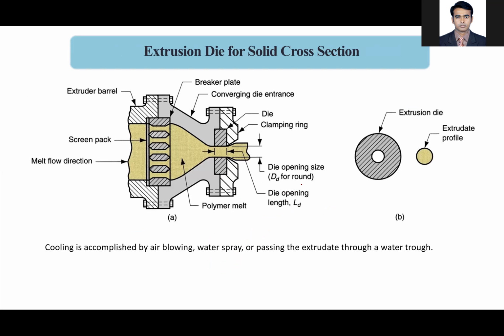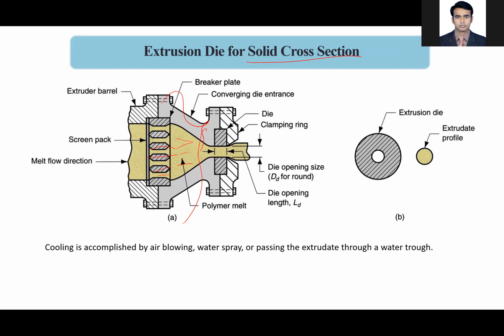The first one is for solid cross section. This is a die for solid cross section. This part is already discussed. Actually, this is the screen that is used for screening the unmelted material or providing the laminar flow from the screw section.